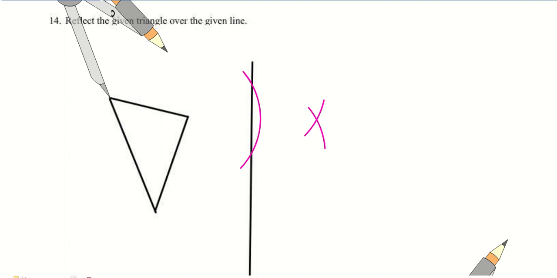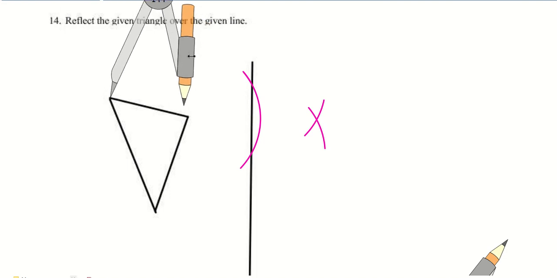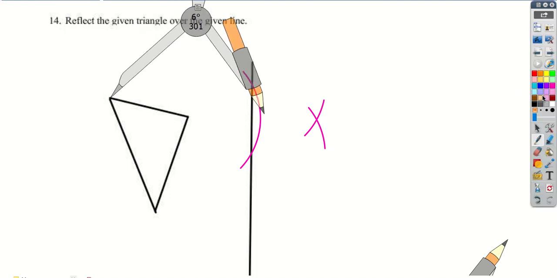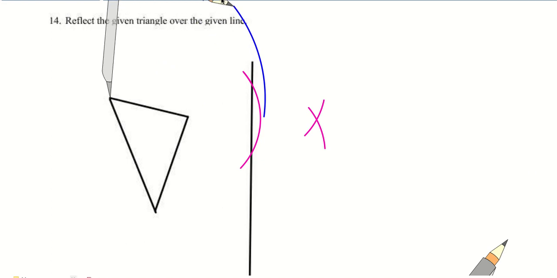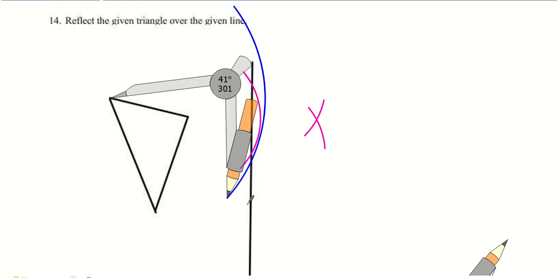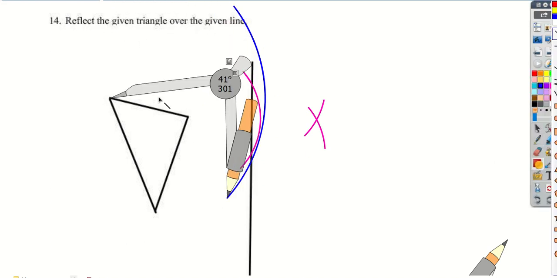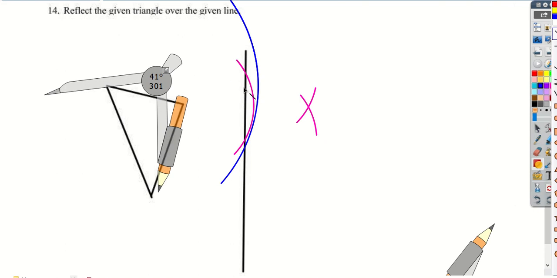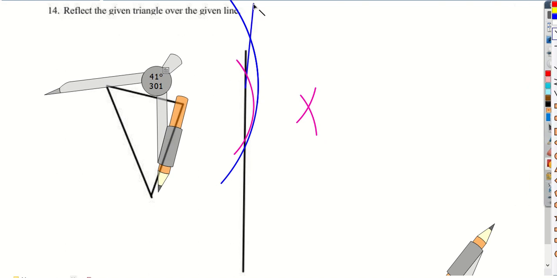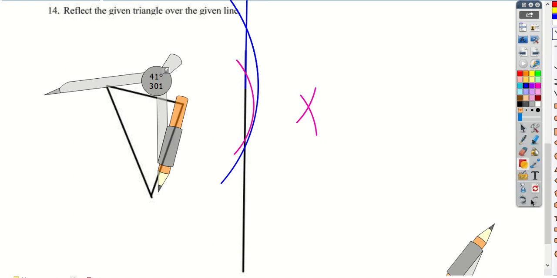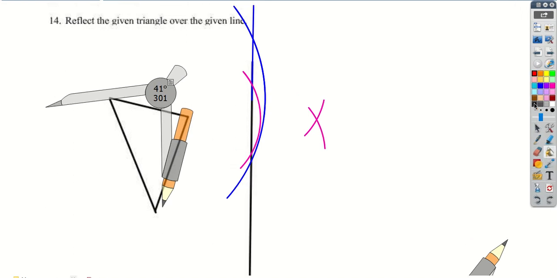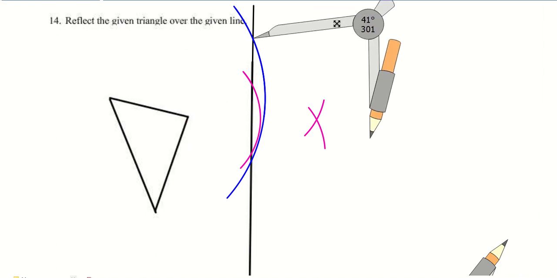We're going to do the same thing with this point, extend it over. We'll switch colors here. Okay, and you can see this one does not hit the line twice. So you're going to take your ruler and extend this line out so it does intersect there, okay? And then where those lines meet, we're going to keep our compass the same length, and we're going to do the same thing here.